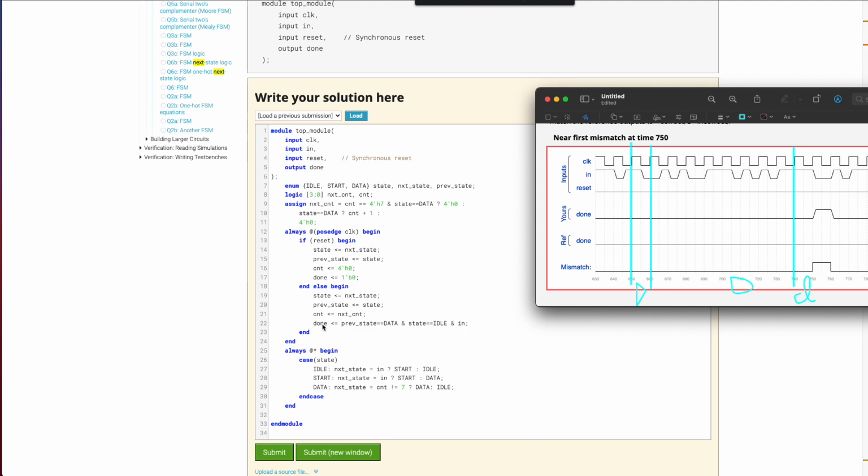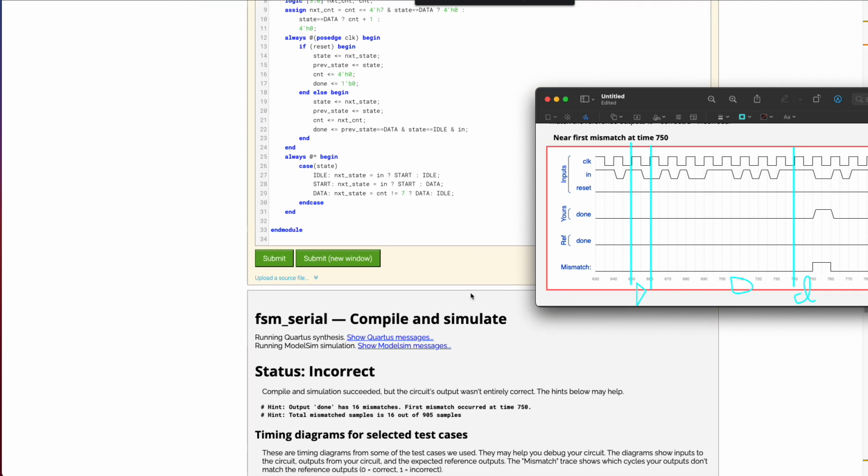So like done is asserted here. This is based on previous state. So it means this thing, one cycle earlier, it was 1. Then it must mean that the previous state is data and current state is idle.